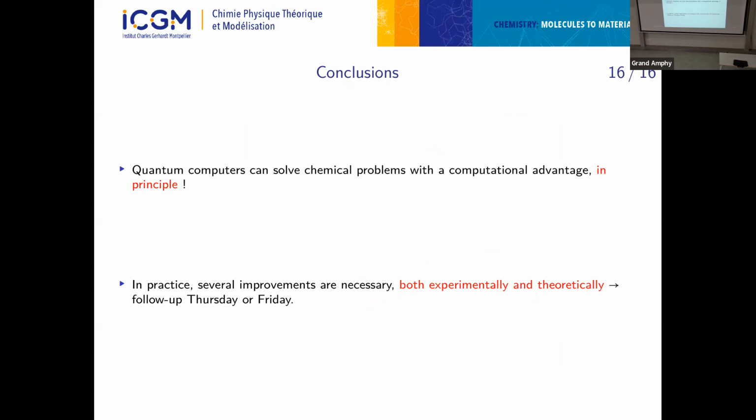And so in practice, we need a lot of improvements experimentally and also theoretically to reduce the number of measurements, reduce the circuit depth, define new kinds of algorithms, etc. And so I will try on Thursday evening to show more the challenges that we have to achieve in quantum computing to deal with the problems that we are all interested in.